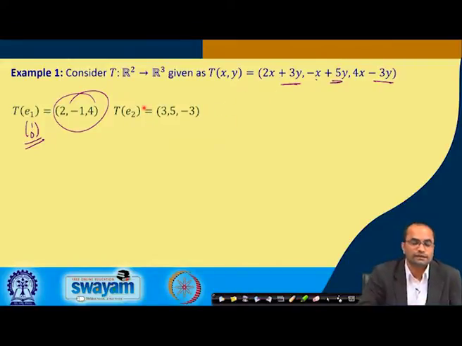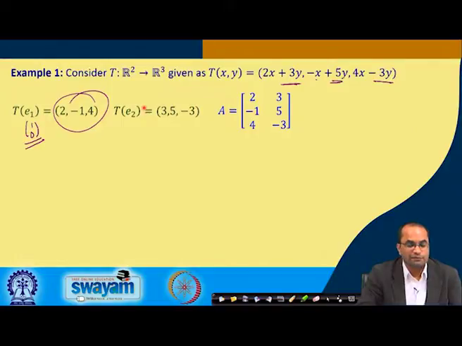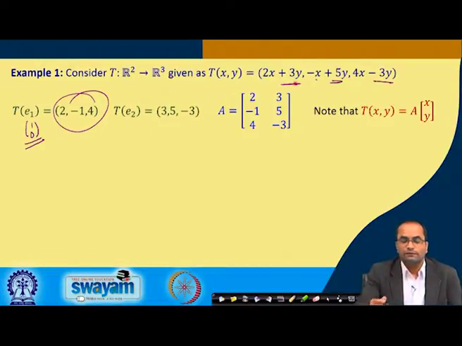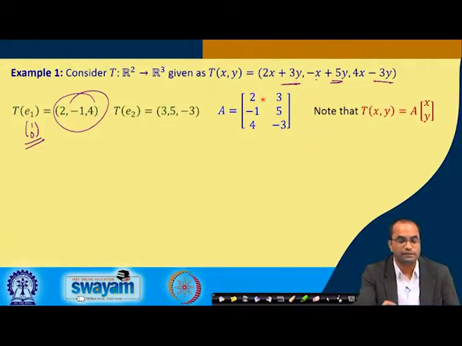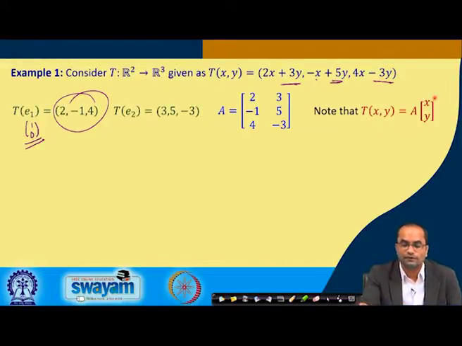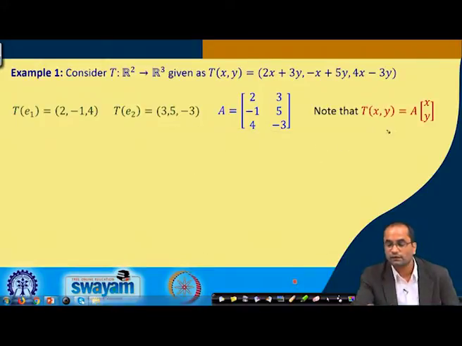That will be the second column, and then in A we will place them: 2, minus 1, 4 as the first column and 3, 5 and minus 3 as the second column of this matrix A. Now we know that the given linear map T x can also be defined as A times this element x y of R 2.